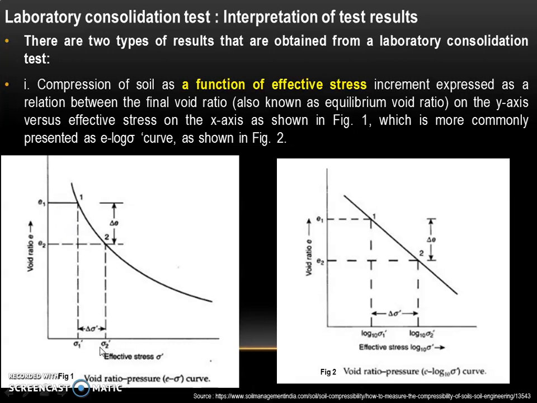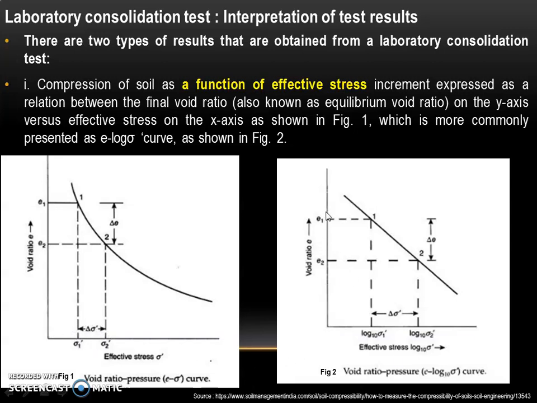Similarly, sigma 2 dash is the next stress increment and corresponding to which is e2 as the void ratio. The difference between e1 and e2 is nothing but change in void ratio, which is represented by delta e. And the difference in effective stress, that is sigma 2 dash minus sigma 1 dash, is delta sigma dash, which is the change in the effective stress.